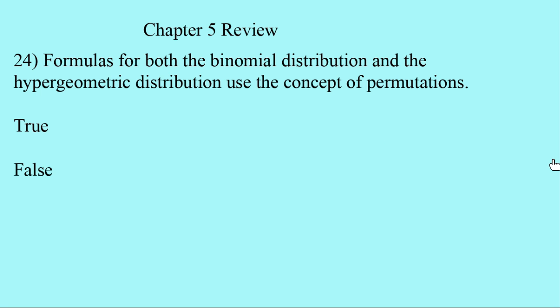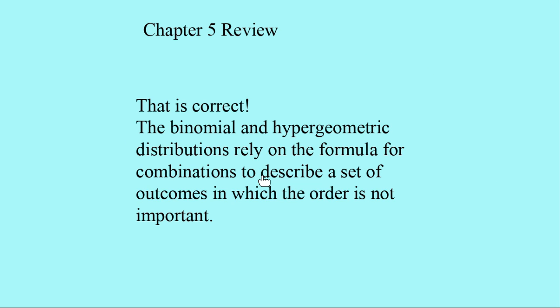Both binomial and hypergeometric. You think it's false. Okay. That is correct. The binomial and hypergeometric distributions rely on the formula for combinations to describe a set of outcomes in which the order is not important. Okay? That is the important factor.